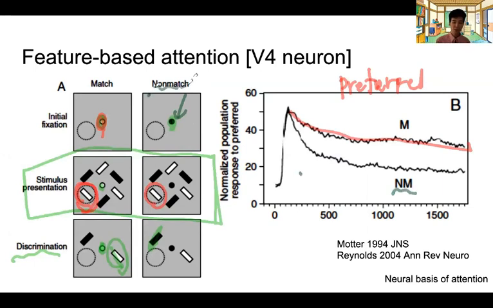The preference of the neuron does not match what the monkey is trying to do, which is to remember the black pattern. So the monkey is presumably attending to all these black things. Then this white orientation, which the neuron actually prefers, gets suppressed. And this works through a similar kind of mechanism to the one I explained before about spatial attention, which John Reynolds reported. Okay, it's a bit different kind of mechanism, but the idea is similar.